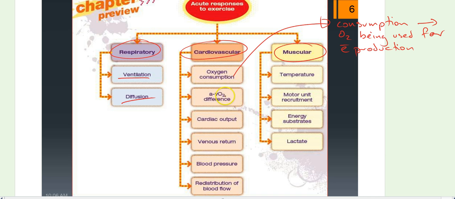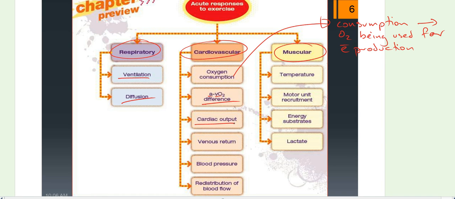Arteriovenous oxygen difference. So this is looking at the difference in oxygen concentration between the arterioles and the venules. This gives us an indirect measure as to the amount of oxygen the muscles are using for energy production. The greater the difference between the arterial and venular oxygen concentration, we can say the harder we're working, because it infers that we're using more oxygen.